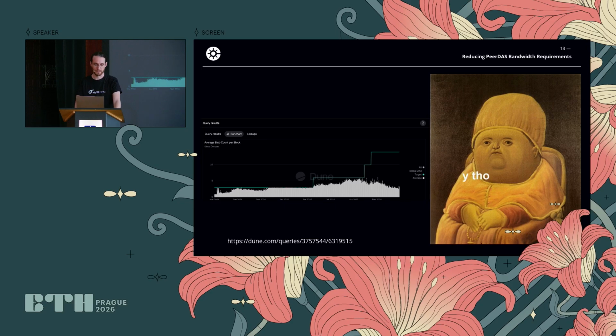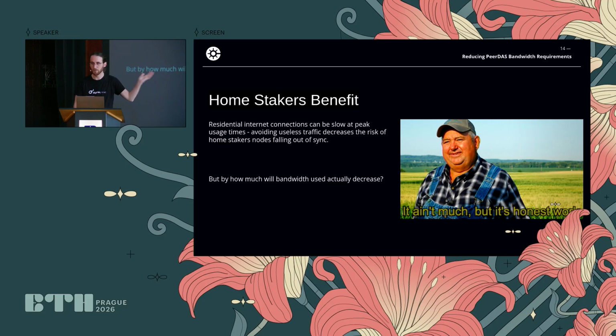There's no need to increase. But there's still a reason to do this thing. Home stakers benefit from it. Residential connections often suffer from bandwidth limitations, and that's not nice. So I think home stakers would be the parties that most benefit from this new feature.